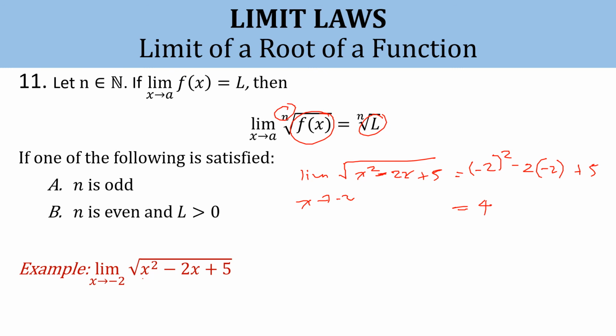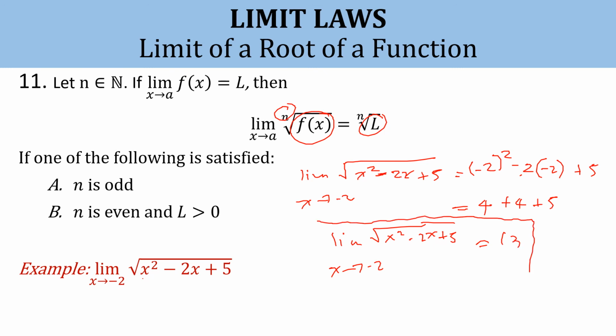We have a 4 here, positive, because that's squared, and this is a plus 4 also, because negative times negative, plus 5. Therefore the limit of the given function as x approaches -2 is equal to the square root of 13.